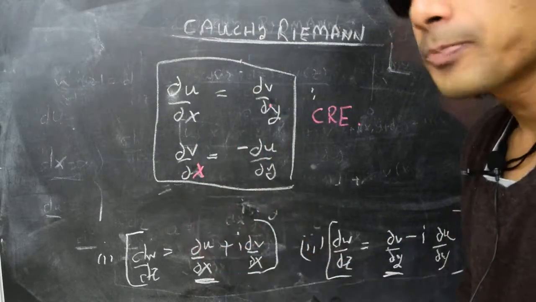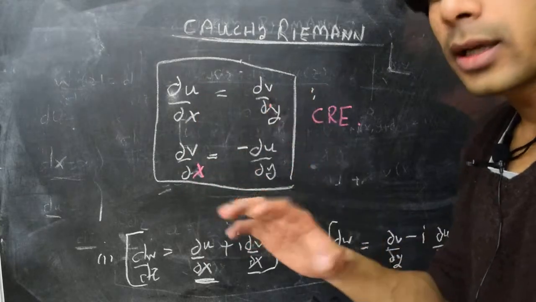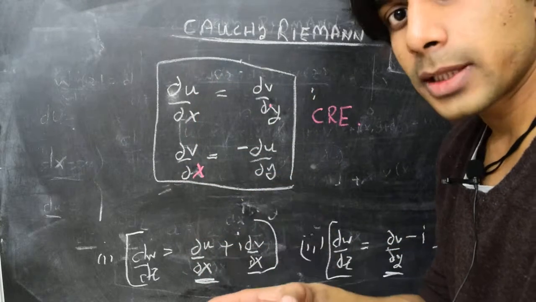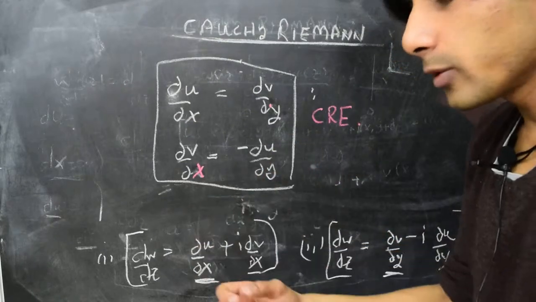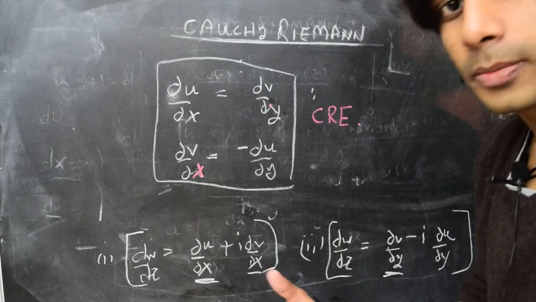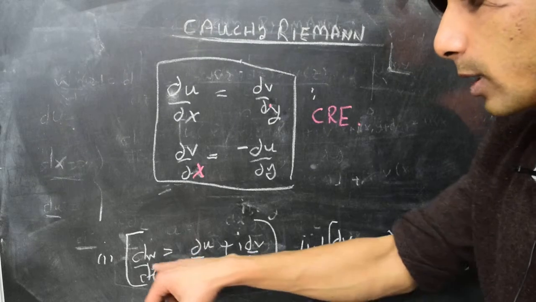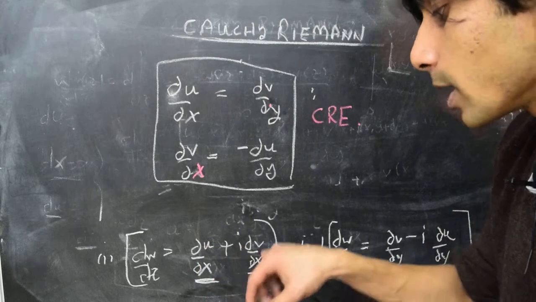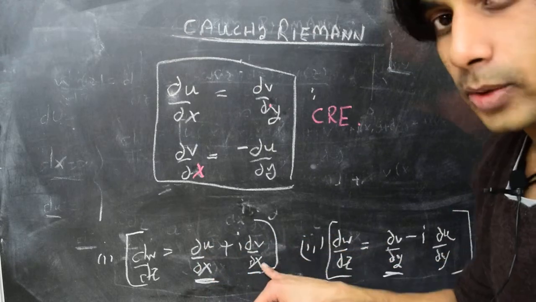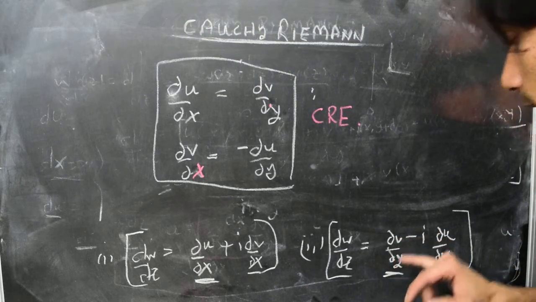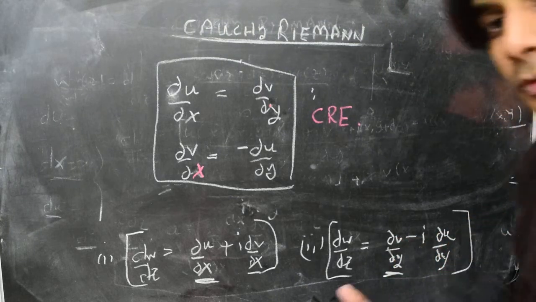If that is true, and these derivatives are not all 0, then the function is complex analytic, and the derivative of the function with respect to z can be evaluated using either of these two expressions. They should be equivalent. So we can find the derivative as the partial derivative of u with respect to x plus i times the partial derivative of v with respect to x, or the partial derivative of v with respect to y minus i times the partial derivative of u with respect to y.